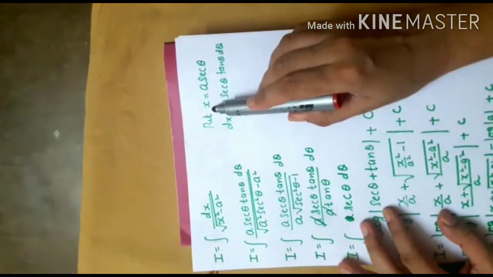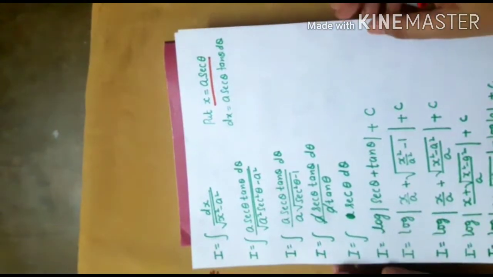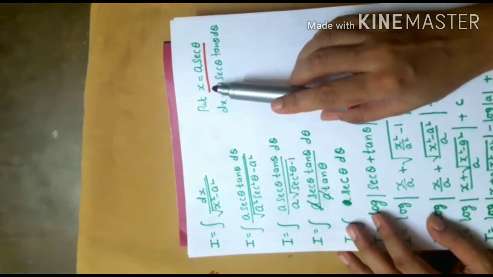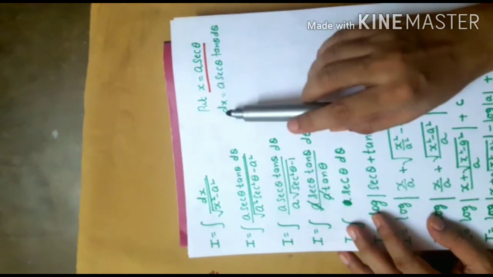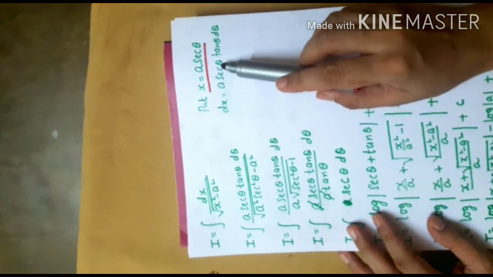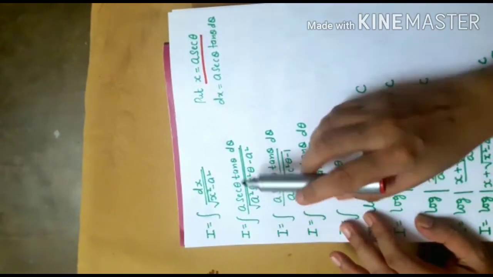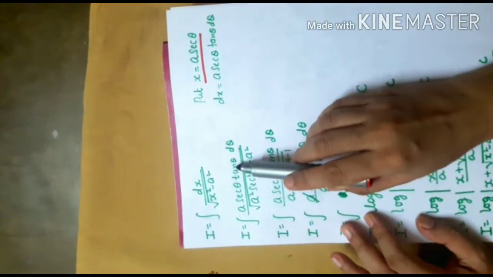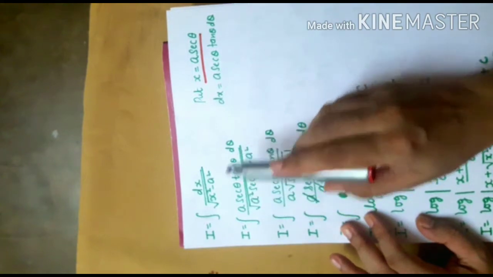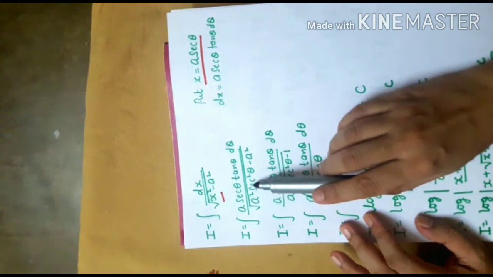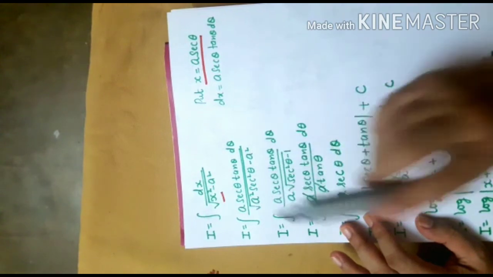So x will be equal to a secant theta. So on differentiation, I'll get dx equals a secant theta tan theta d theta. So I will be equal to a secant theta tan theta d theta divided by, replace x with a secant theta, so I'll get a square secant square theta minus a square.